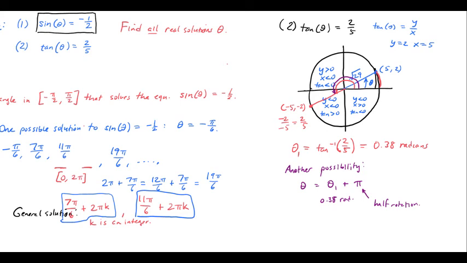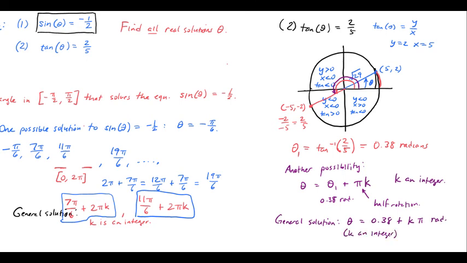So I could actually take this theta 1, this 0.38 radians, and I could add any multiple of pi that I want, as long as k is an integer. Okay, so the general solution to this equation is going to be theta equals 0.38 plus k pi radians, where k is an integer.